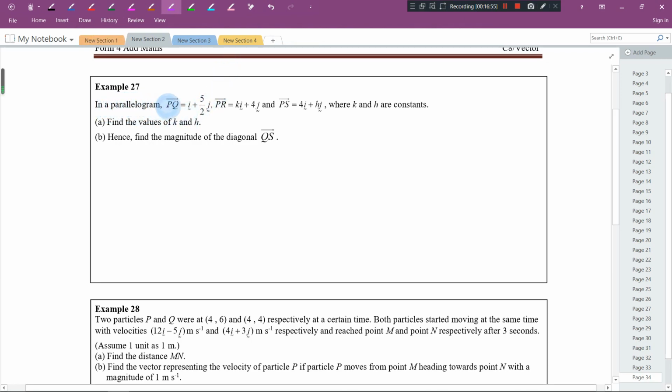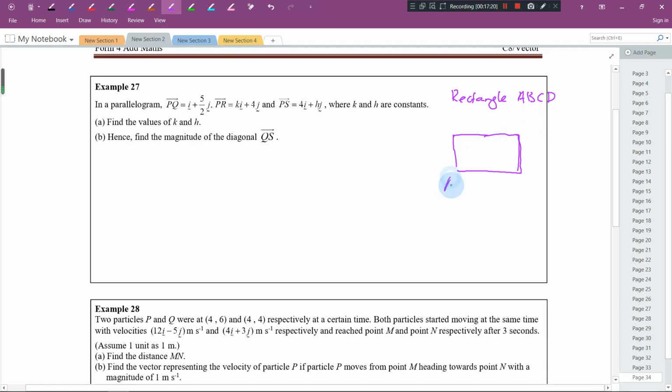In a parallelogram, okay, this is a parallelogram PQRS. When we label the vertices of a polygon, make sure that you go clockwise or anti-clockwise. For example, if we have a rectangle ABCD, when you label it, you have to go clockwise or anti-clockwise.